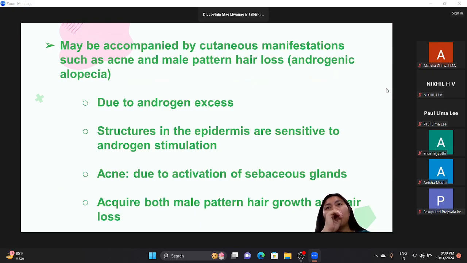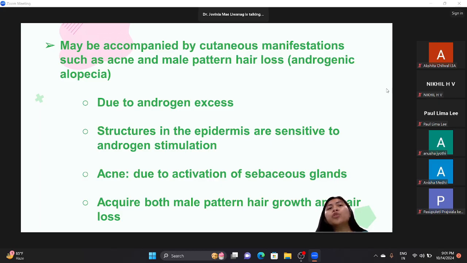That's the basic definition. Hirsutism may be accompanied by cutaneous manifestations such as acne, male pattern hair loss, or what we call androgenic alopecia. This could be due to androgen excess, or the epidermis being sensitive to androgen stimulation. For example, acne, because of the activation of sebaceous glands.